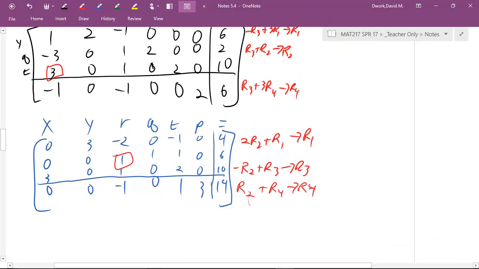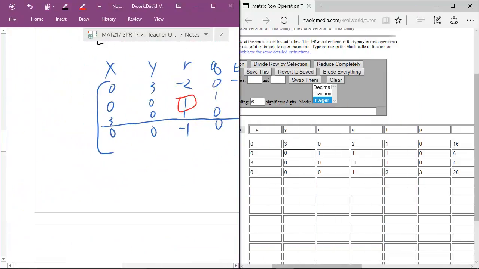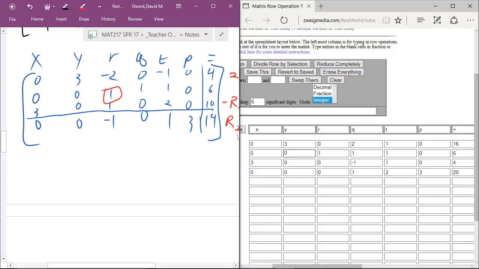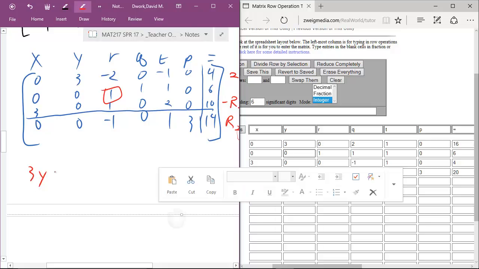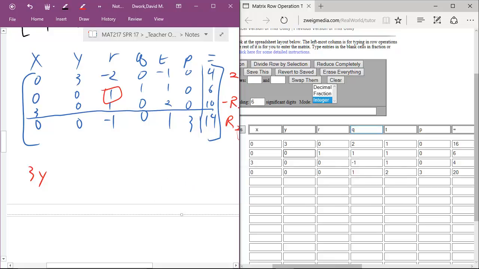Okay, so let me sneak this to the side and work a little dual screen here. So if I was reading across my row, we've got what? 3 Y's, and then Q, that's 0, 0, 0. So 3 Y's equals 16. So Y equals 16 thirds. All right, next one, next row. R is going to equal 0, 0, 0, 6.